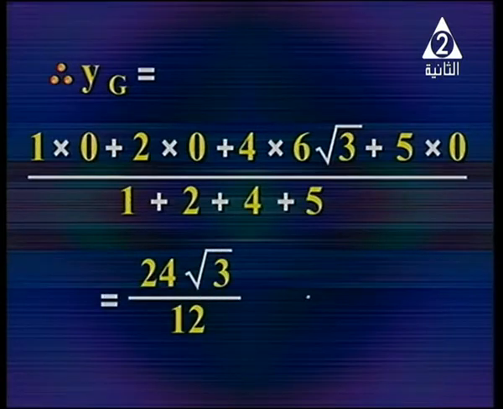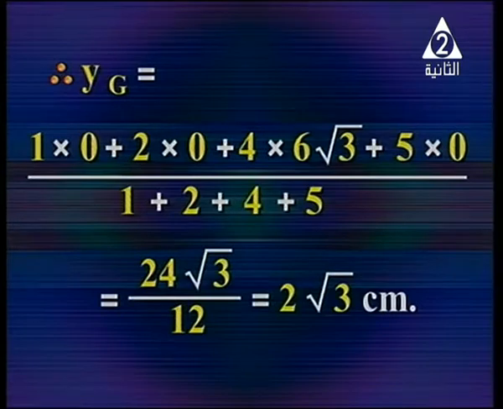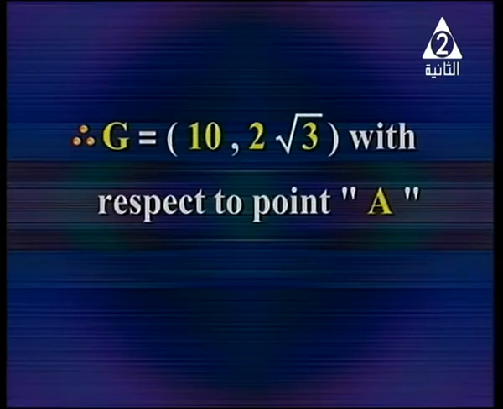Then YG equals 24√3 over 12, which equals 2√3 centimeters. So the center of gravity is point G with coordinates 10 and 2√3 with respect to point A. Remember, dear student, the center of gravity's symbol is G. G has coordinates x and y: x is 10, y is 2√3 with respect to the point A.